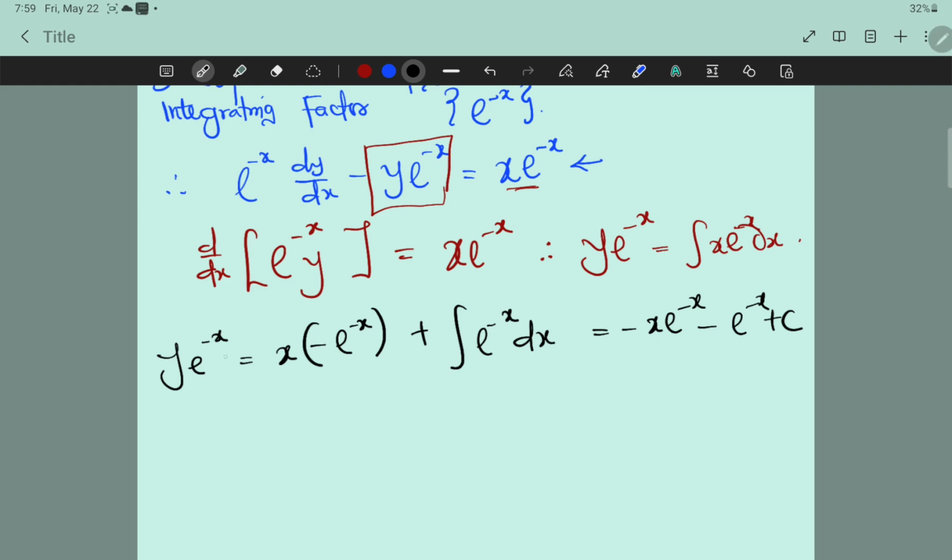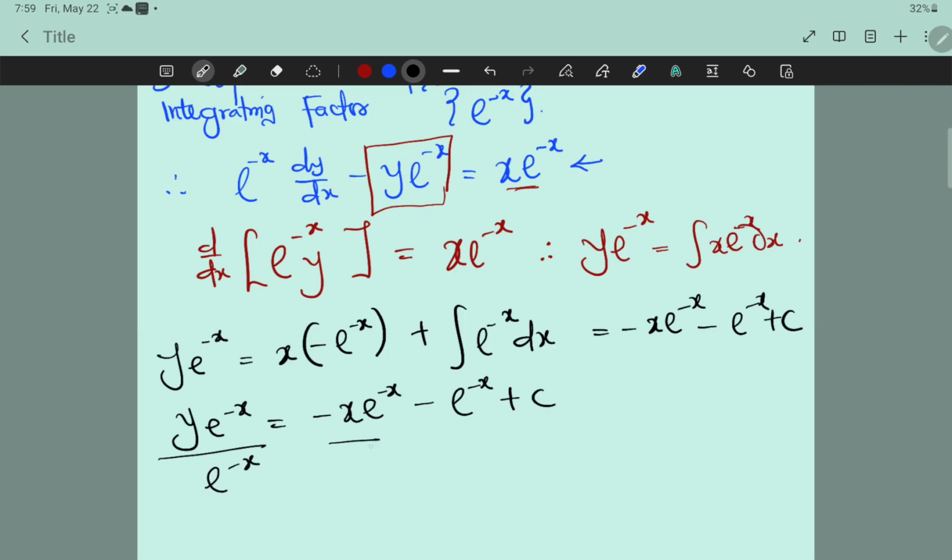So y e to the power of minus x is equal to x multiplied by minus e to the power of minus x plus the integral of e to the power of minus x dx. Is that okay? So it means that y e to the power of minus x is equal to negative x e to the power of minus x minus e to the power of minus x plus c.